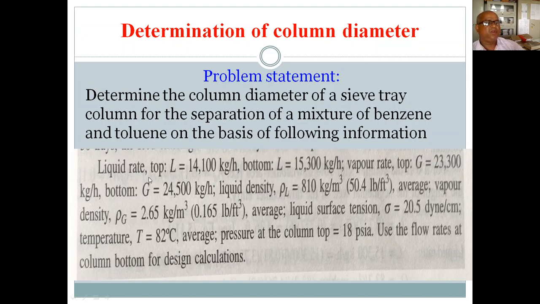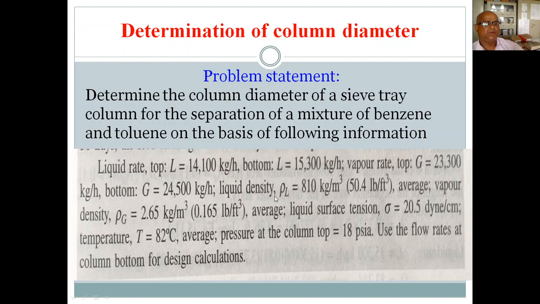Here the liquid flow rate at the top is 14,000 kg per hour, and at the bottom 15,300 kg per hour. These are the liquid flow rates. From my process calculation, I will get the gas phase flow rate: vapor rate at the top 23,300 kg per hour, and bottom 24,500 kg per hour.